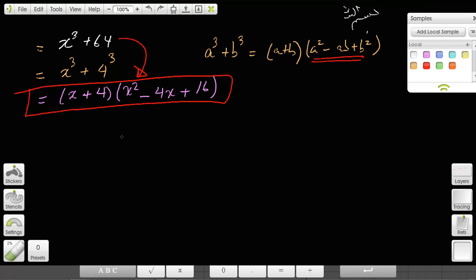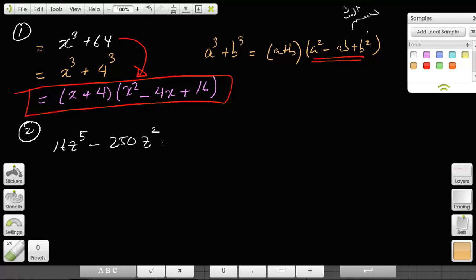And the last example I like to do before I finish is this one, okay? 16z to the 5th minus 250z squared. Let me just label this so we talk about 2 separate problems. Okay, I'm to factor this.